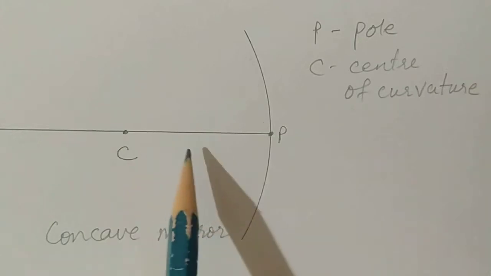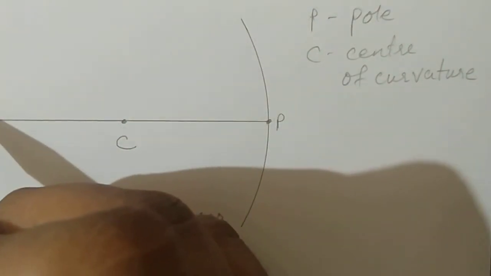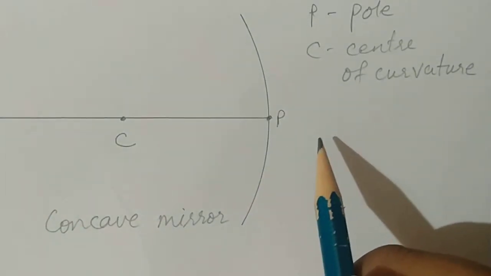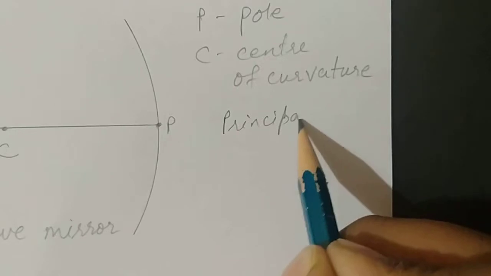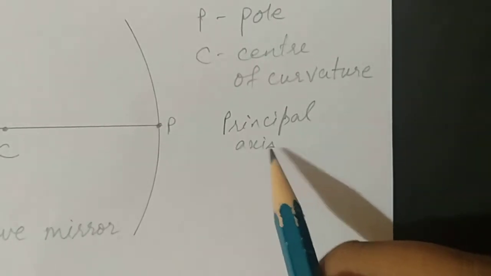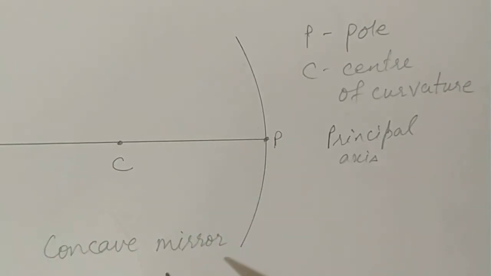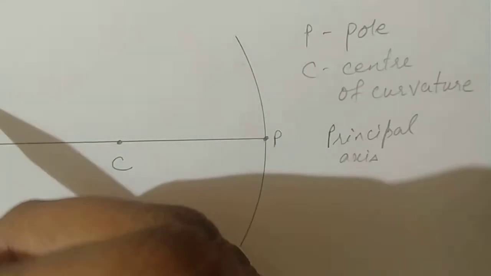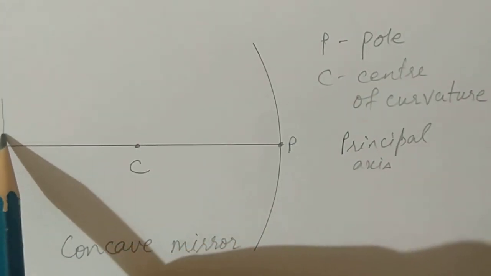and this line we have drawn is called the principal axis. You can write it as principal axis. Now one more thing: let's think that an object is placed over here for a moment.